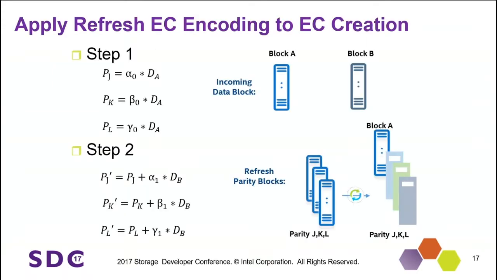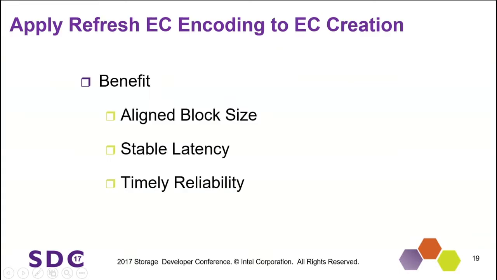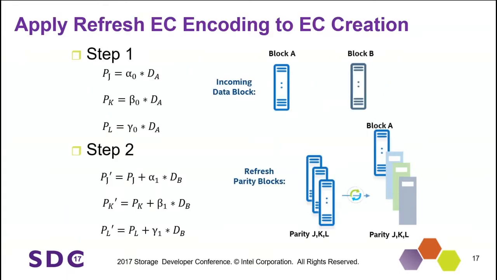So let's start to apply Refraction EC encoding to data creation. The example is still Erasure code 4 plus 3. Blocks A, B, C, D belong to one EC stripe group.